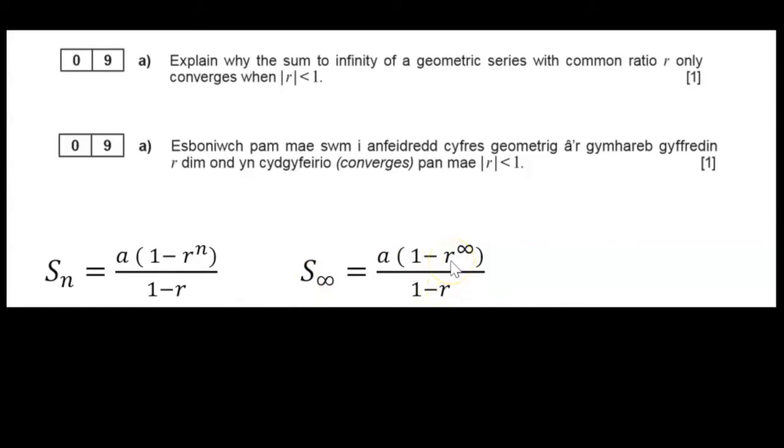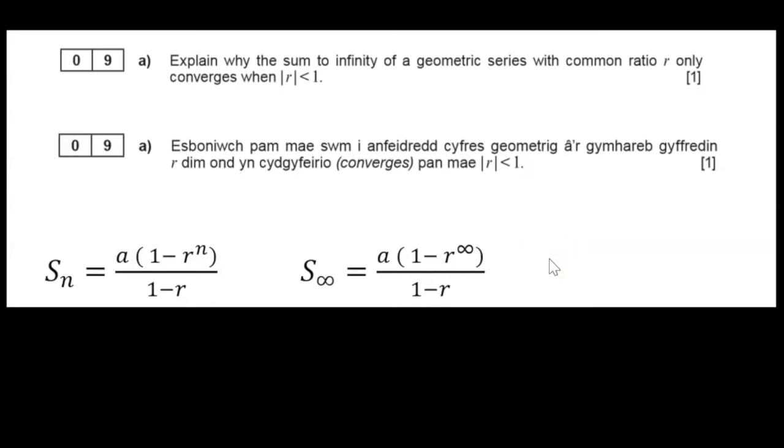If r is a fraction which is less than 1, let's just take a positive fraction to start with. When you take that fraction to a power, the fraction gets smaller and smaller. If you took 9/10 and squared it, you get 81 hundredths, 0.81.